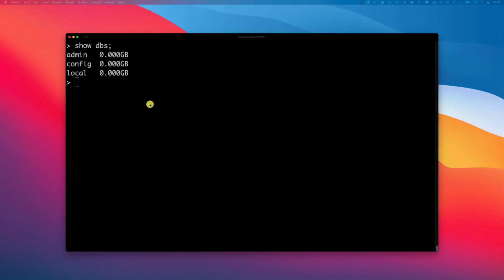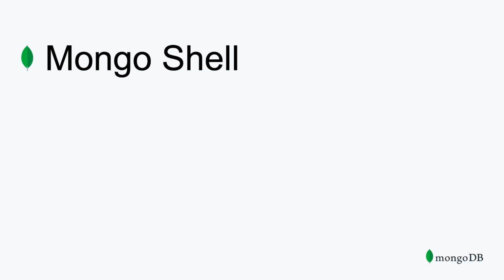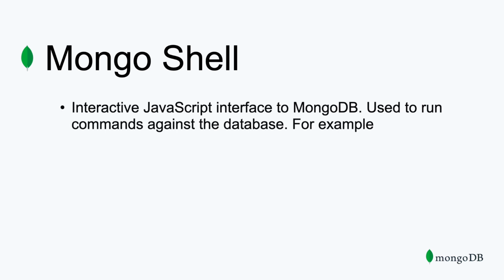Now that we have successfully connected to the MongoDB container and used Mongo shell, we can start our journey learning how to use MongoDB and everything that it has to offer. So to recap, the Mongo shell is in essence the interactive JavaScript interface to MongoDB. We can use it to run commands against our database.